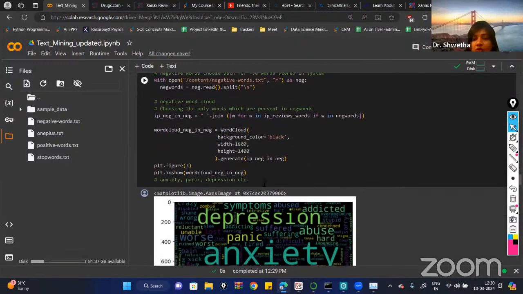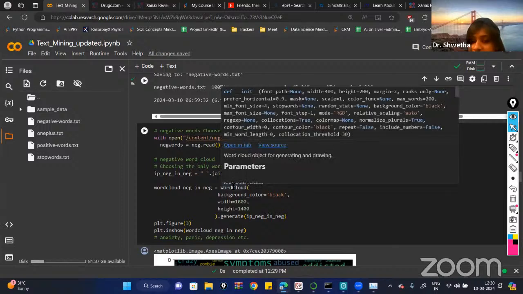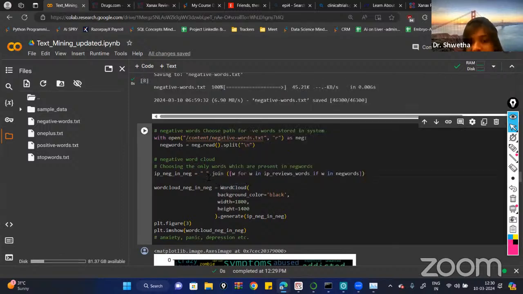Now we'll write a code so that it opens this negative word document, and whichever word is present in this document and also in the reviews, we will take that word and build a word cloud.